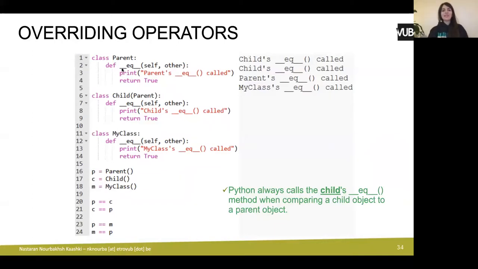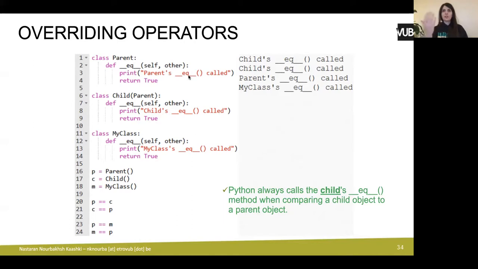In this example, it's not really comparing self and other to each other. I just wanted to show you which method will be called when we are comparing different instances with each other. So here, this is a parent class, and it has __eq__.